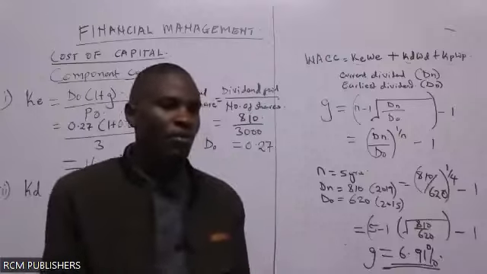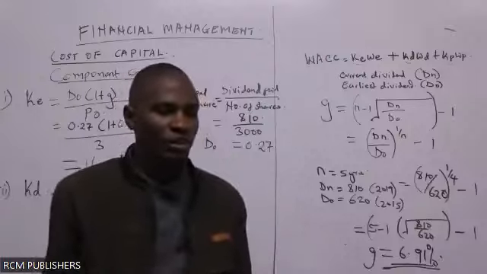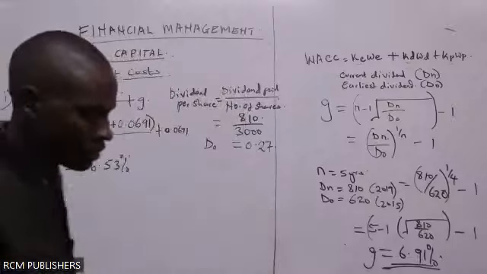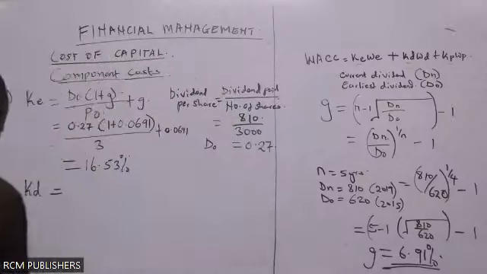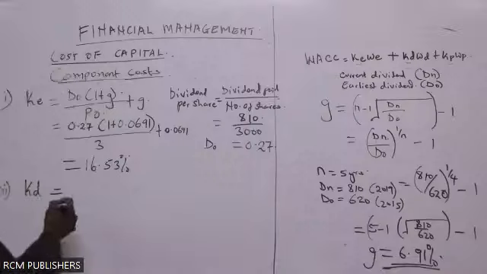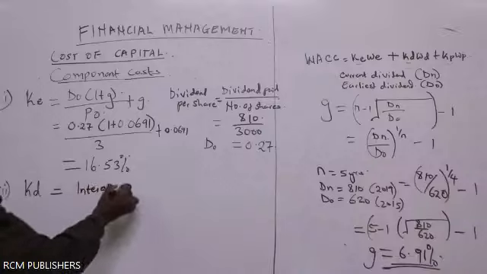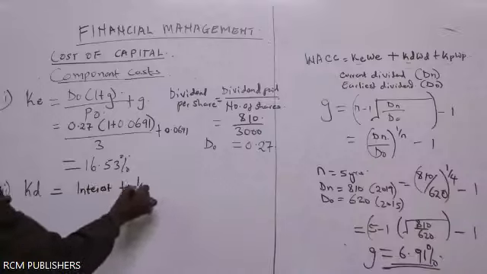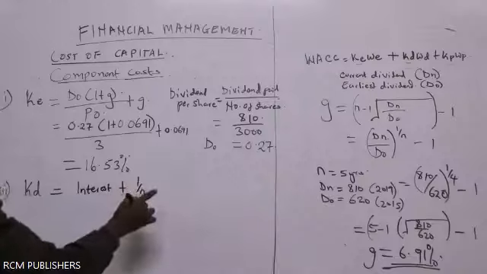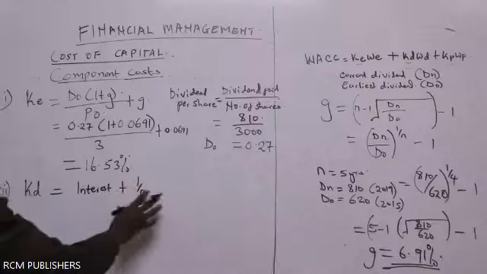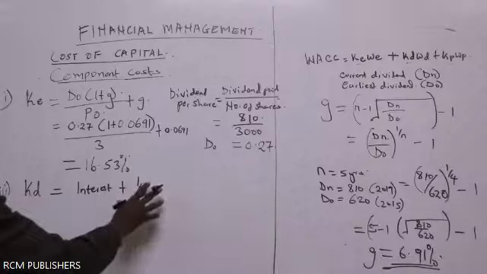So the formula of getting the KD, cost of redeemable debenture. Remember we had interest, and then we add 1 over n, number of years. When you're given the number of years, you use this formula.